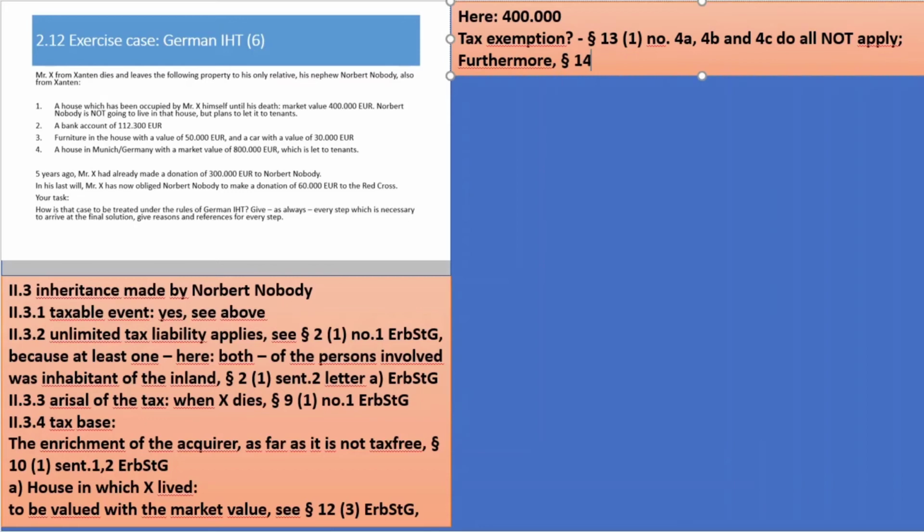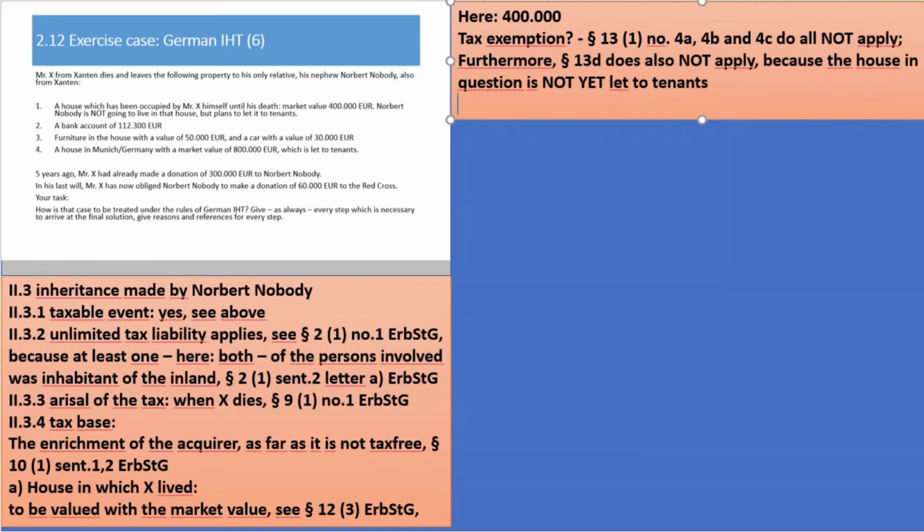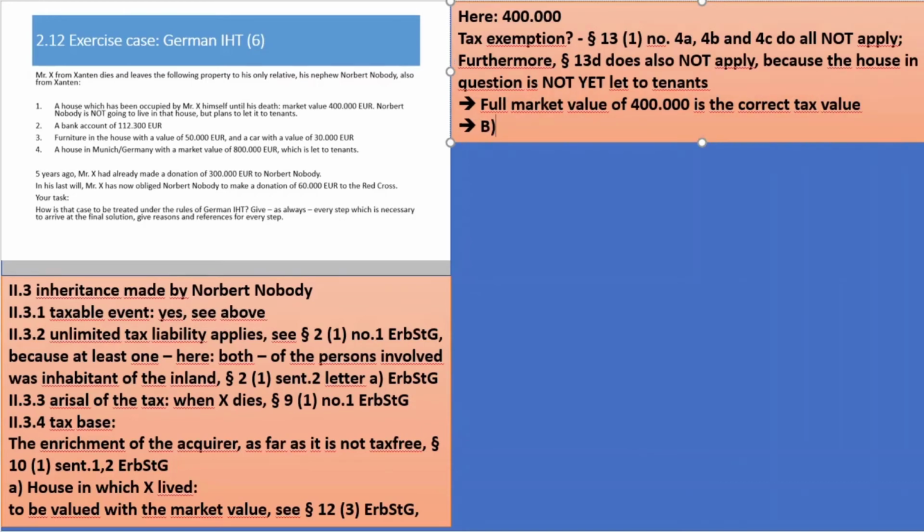Furthermore, paragraph 13d does also not apply because the house in question is not yet let to tenants. So full market value of 400,000 is the correct tax value. Now we have B.